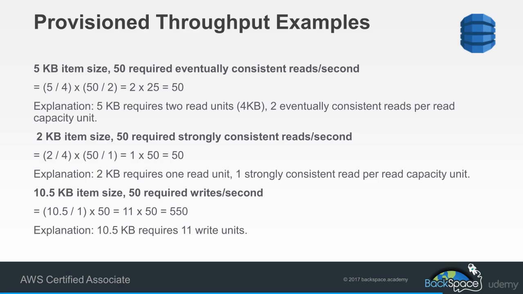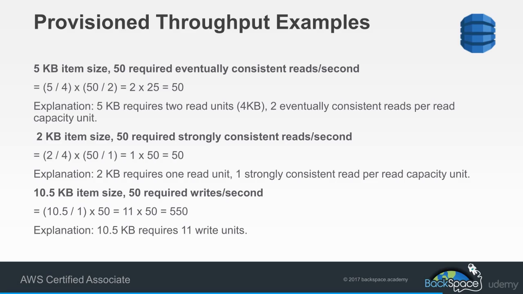So we've got here 2 KB in size, and it requires 50 strongly consistent reads per second. Okay, so this is strongly consistent, so we're going to need double the amount of capacity that we would need over an eventually consistent read. So again, it's divided by 4, so 2 divided by 4 and rounded up, so that's 1.